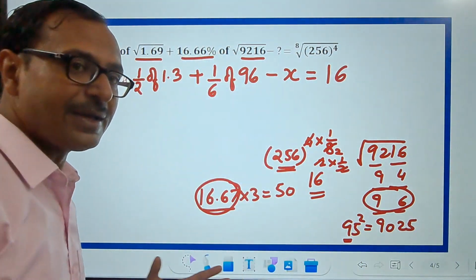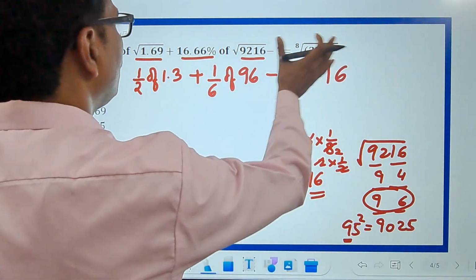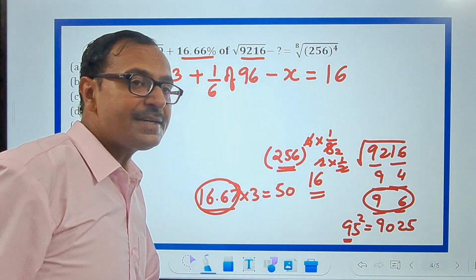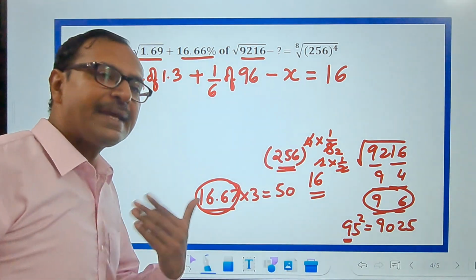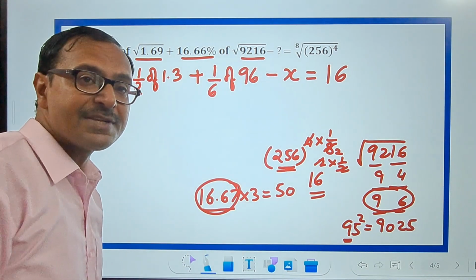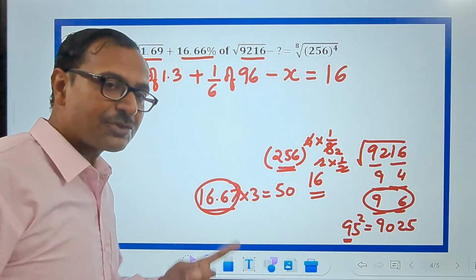Now this is what smartness is all about. If you can do all these operations which I have done in a single step mentally in 15 seconds, then you can solve this in the next 10 seconds time. And solving this type of question in 30 seconds, only 1% of the students can actually do it.